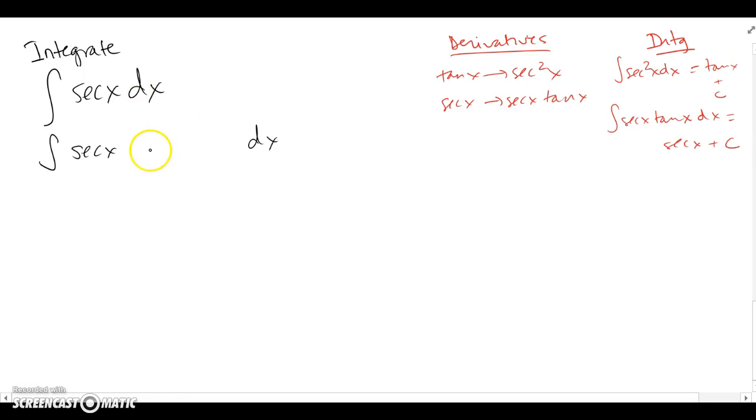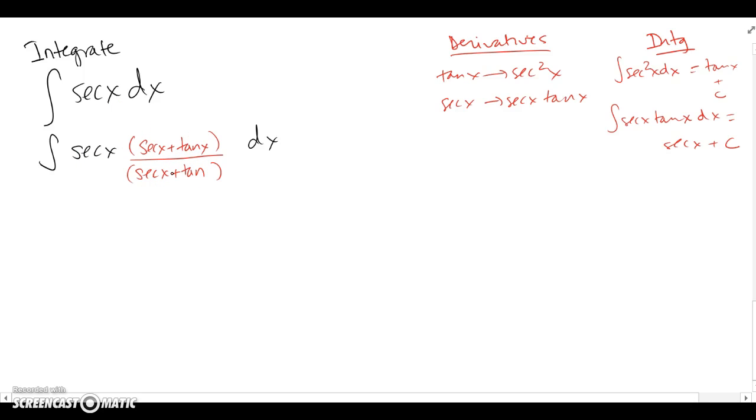And the trick basically involves multiplying this integral by an equivalent funky looking one: secant x plus tan x over secant x plus tan x. So what happened was we multiplied this by something over itself, which will end up being 1.